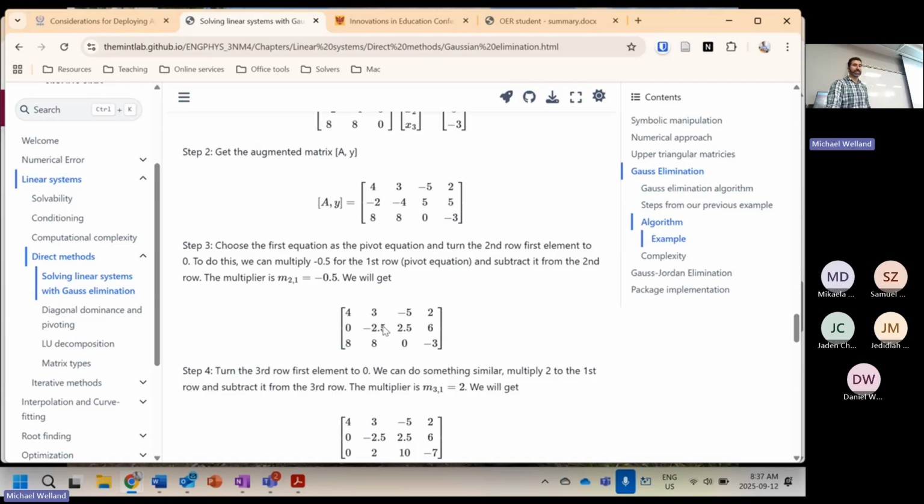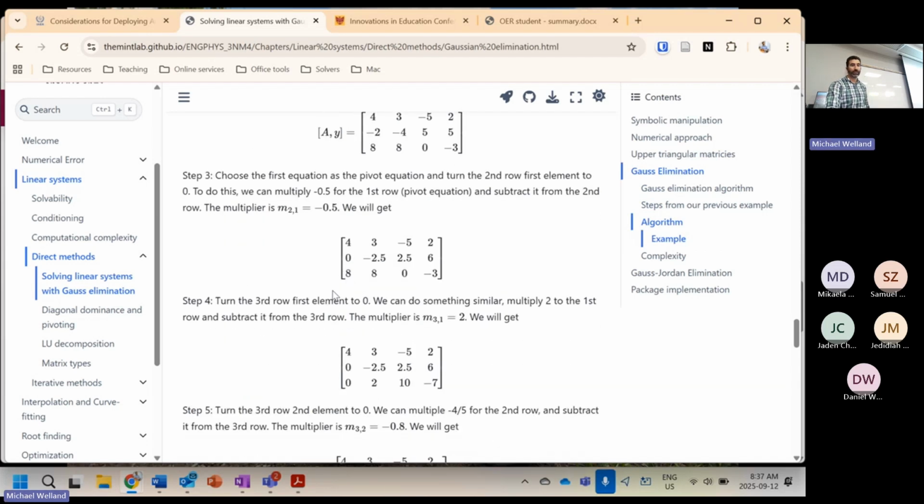All that does is zero that out, and we keep track of this constant here. For the sake of this algorithm, you're not going to need to know how to do this. I'm just showing you how the algorithm is constructed. So this is your pivot equation. The constant for the second row, first element, is negative 0.5.